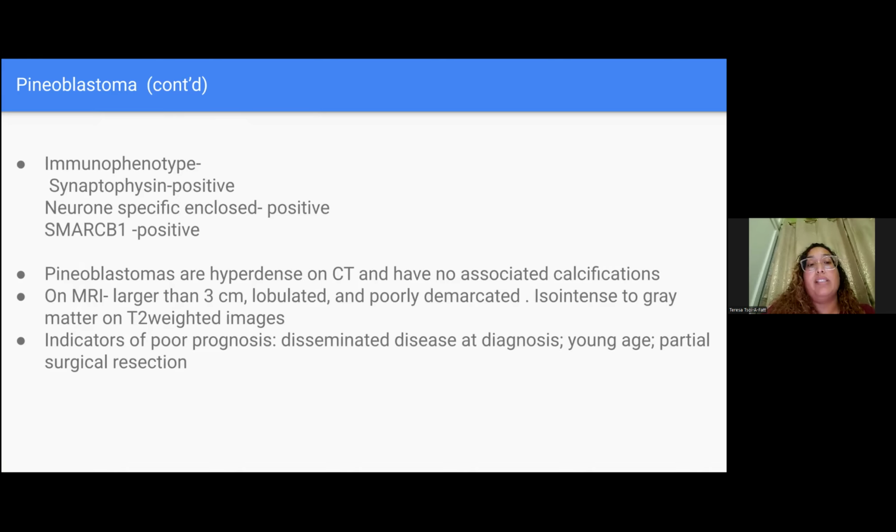They are iso-intense to gray matter on T2 weighted images. Indicators of poor prognosis for these tumors would be disseminated disease at the time of diagnosis, a young age of the patient presenting with this diagnosis, and partial surgical resection.